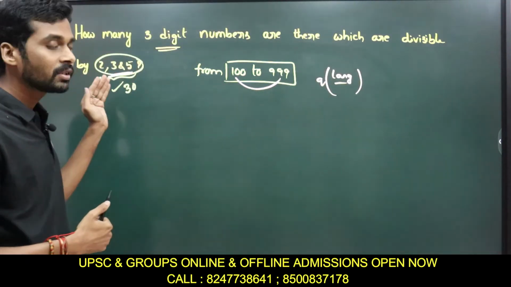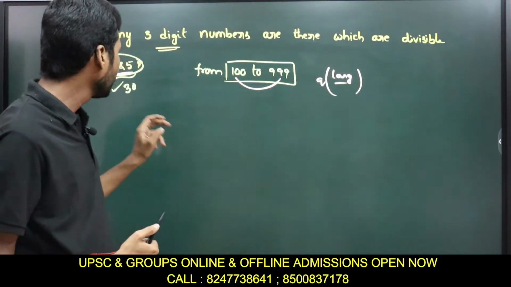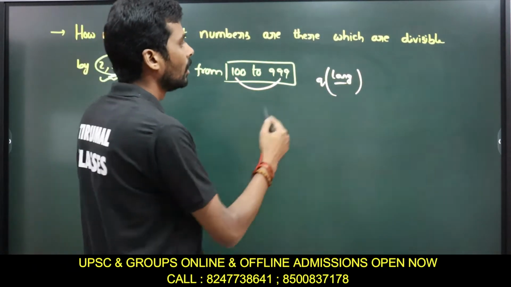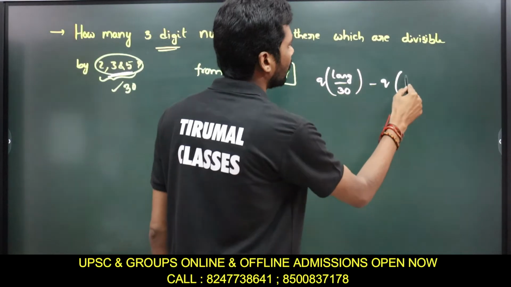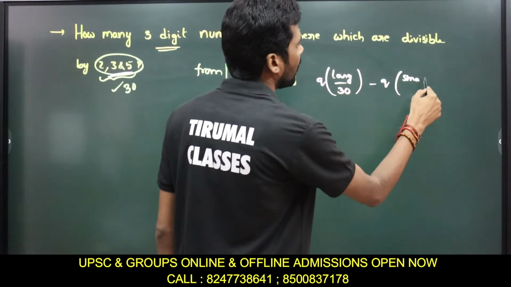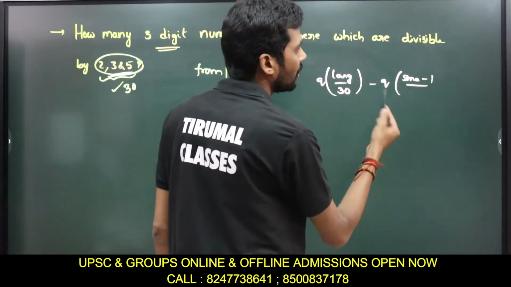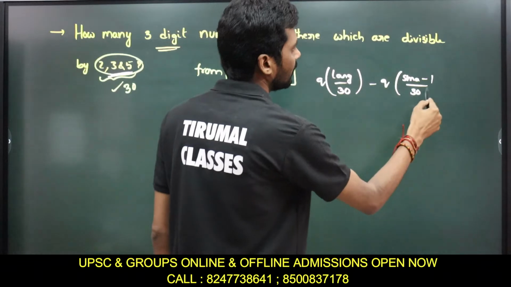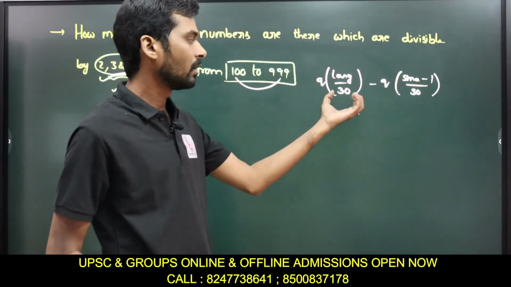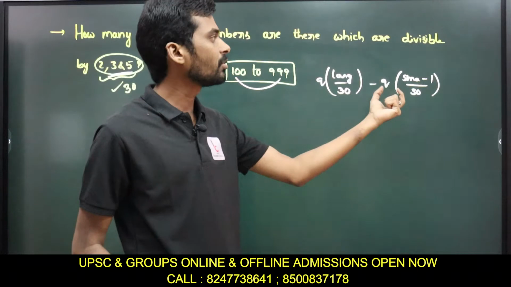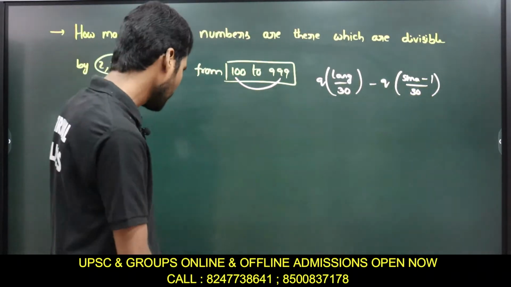If more than one number with a condition of "and" is given, then we take the LCM of those numbers. So here the divisor is 30, minus the quotient of the smaller number. For the smaller number, we take minus 1 divided by the divisor. So: quotient of larger number divided by the LCM 30, minus quotient of smaller number minus 1, divided by 30.